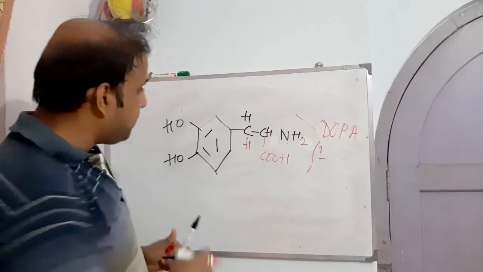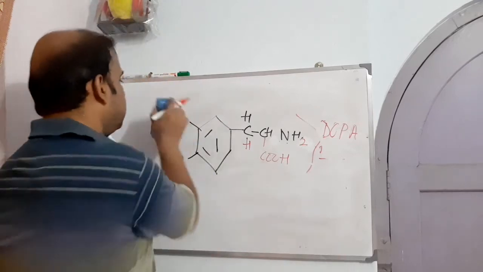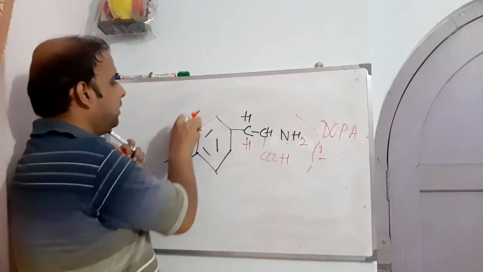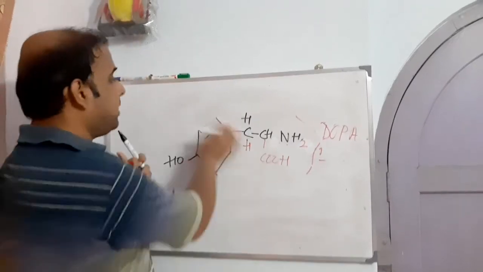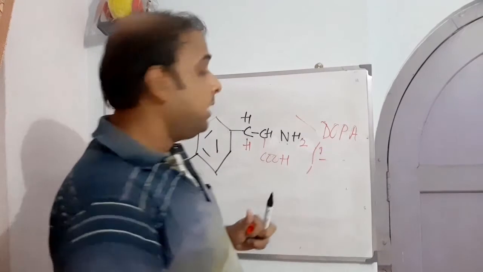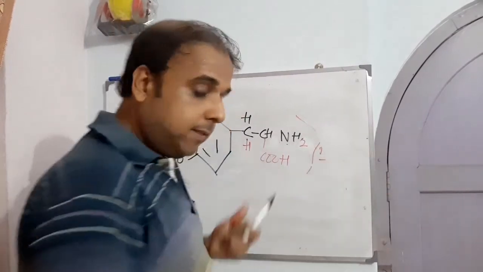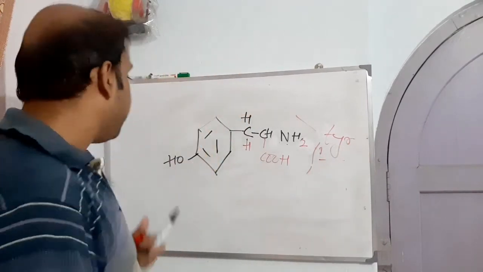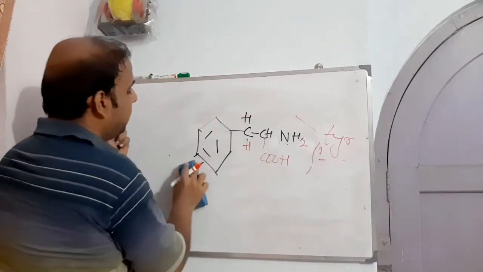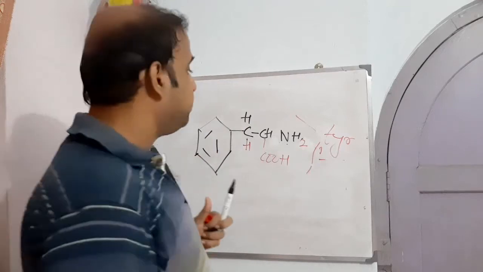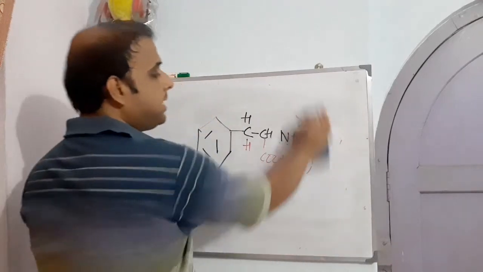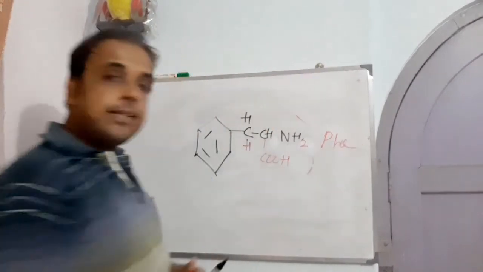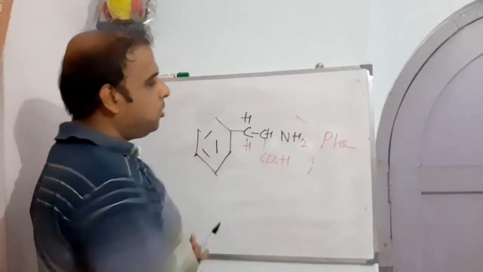If we go further and remove this hydroxyl, that means the meta hydroxyl, this has become tyrosine. And if we remove this hydroxyl as well, it is no longer tyrosine; the same tyrosine has become phenylalanine, right? So this is the sequence.